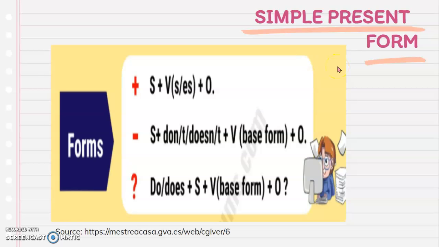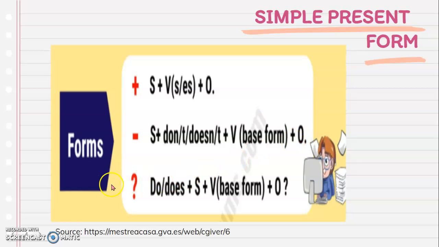What is the form of simple present? For affirmative sentences, we need a subject, a verb plus s or es, and an object or complement. For negative sentences, we use a subject, don't or doesn't, the verb in the base form, and a complement.